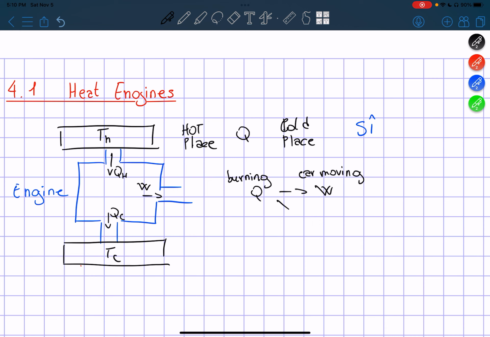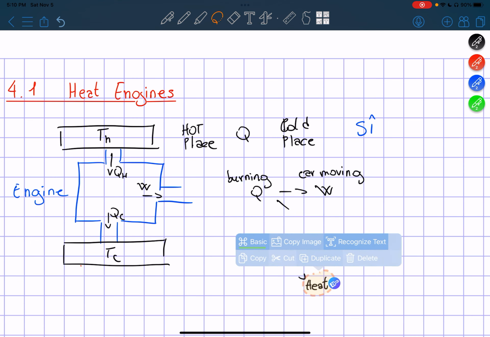In fact, some of it becomes heat. The engine is very hot, and that's why you need to cool it down, to not make the engine break. So that means that some of the heat is dispersed into the engine and then it's dispersed into the air.